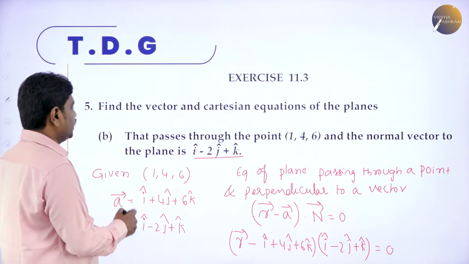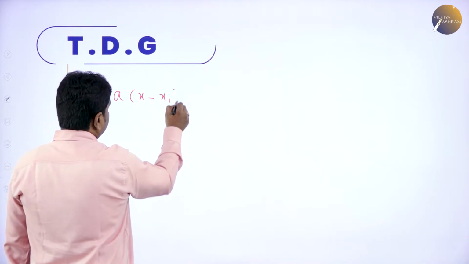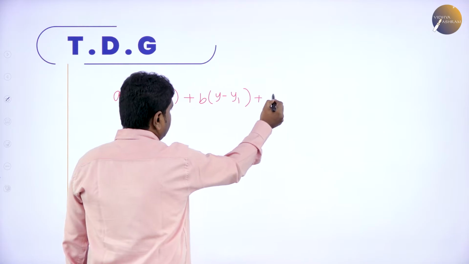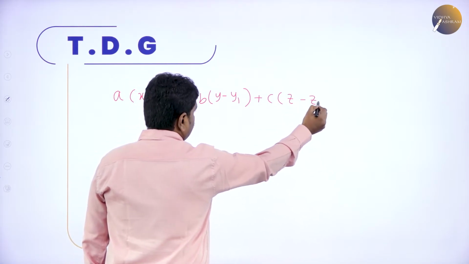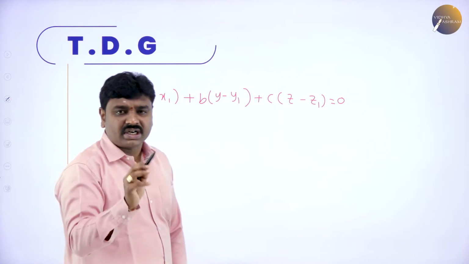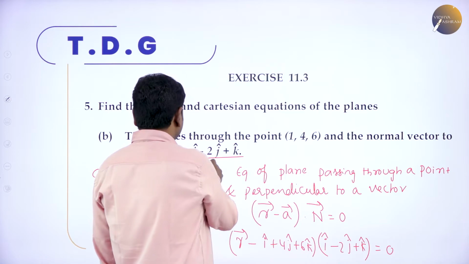Now go to the Cartesian equation. What is the Cartesian equation? a into x minus x1 plus b into y minus y1 plus c into z minus z1 is equal to 0 is the Cartesian equation, where a, b, c are the direction ratios of the normal to the plane, or perpendicular to the plane. What is perpendicular to the plane?